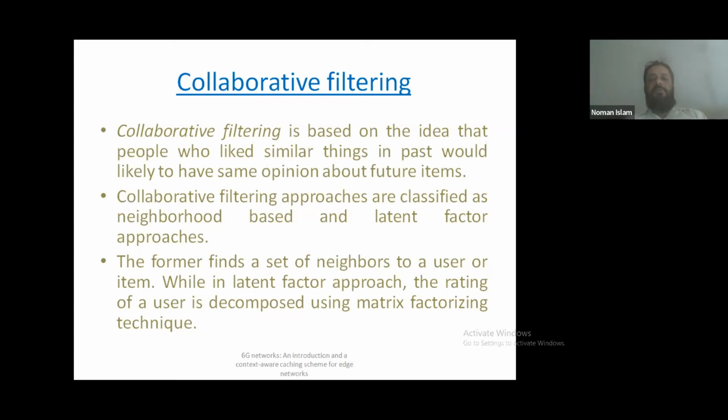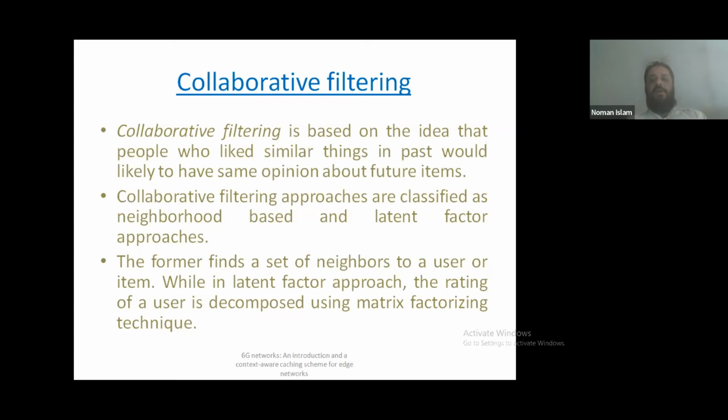We can see if the like-minded person also likes that thing, then it is also possible that that person is going to like it as well. So based on like-minded people, we group them, and based on their choices, we can anticipate about a new item, a new person. So that is the concept of collaborative filtering.